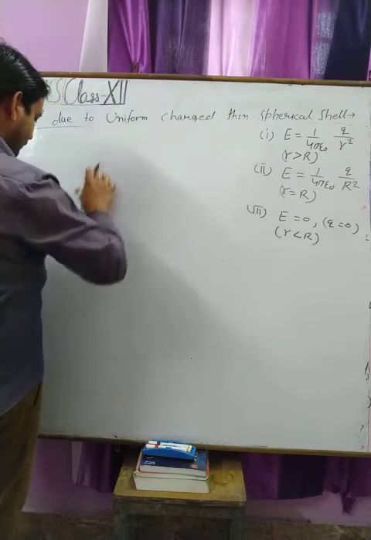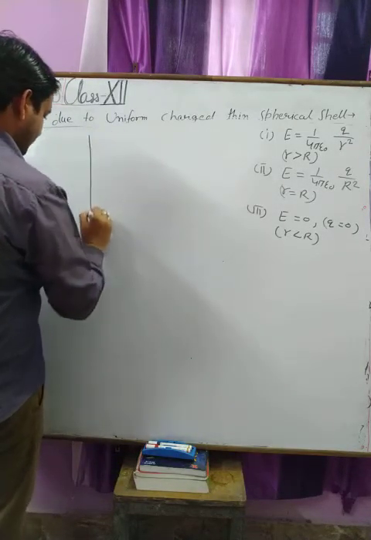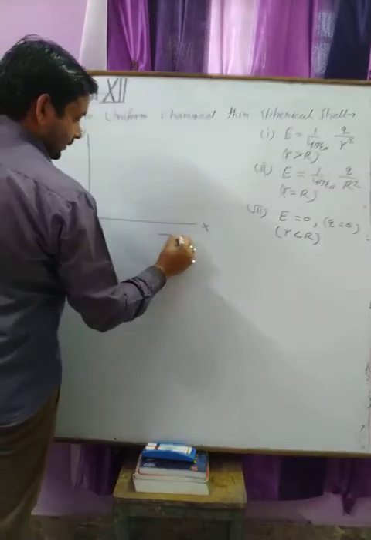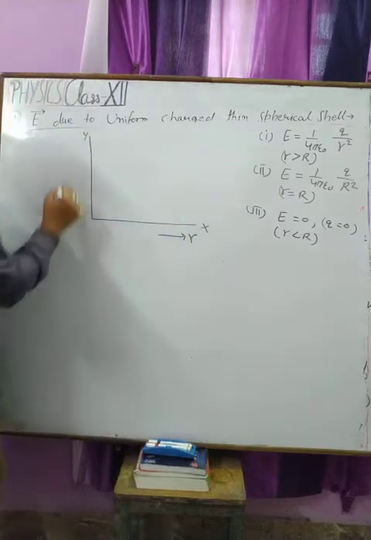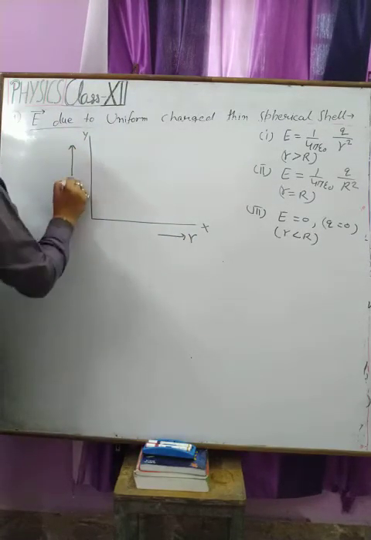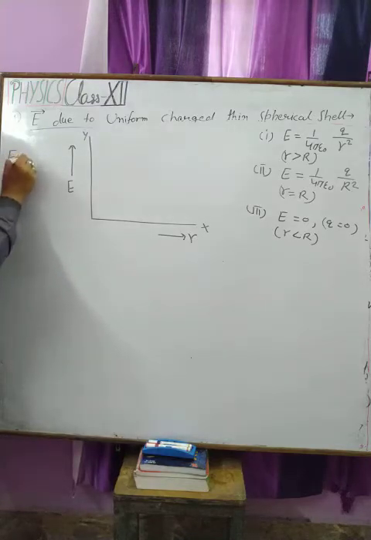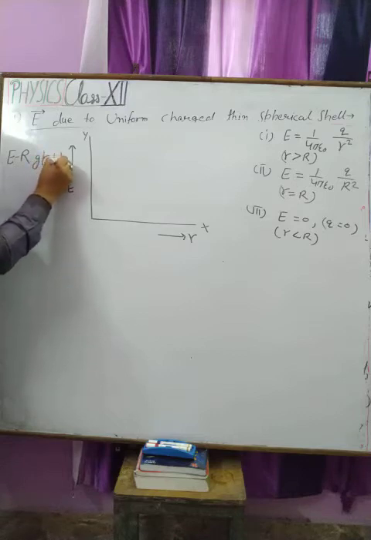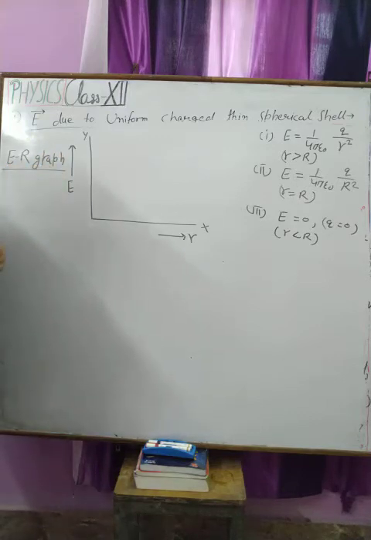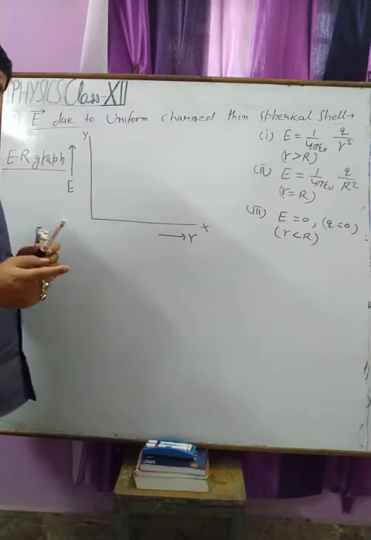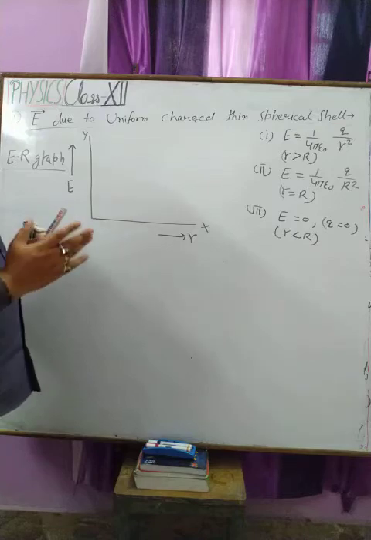Okay, now we plot these values on the graph. This is distance and this is value of electric field. So this graph is called E-r graph, electric field distance graph, which means we see what effect the change in distance has on the electric field.